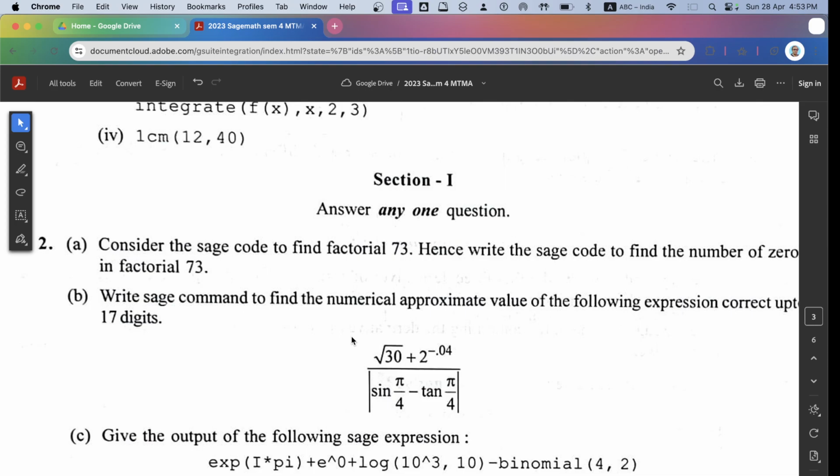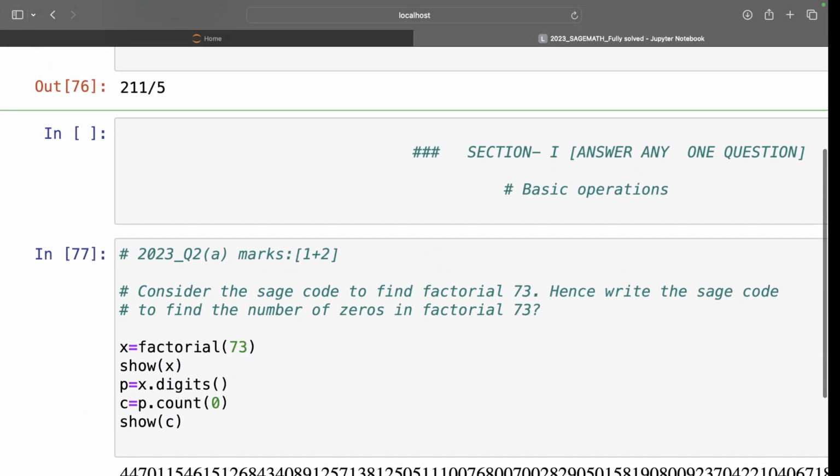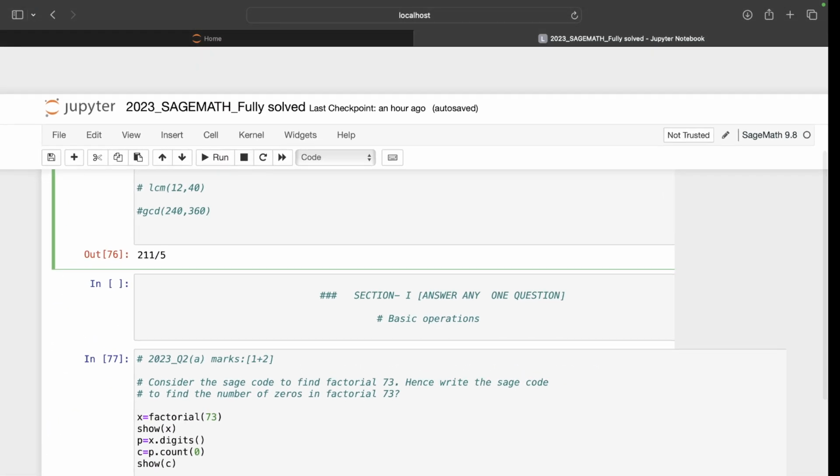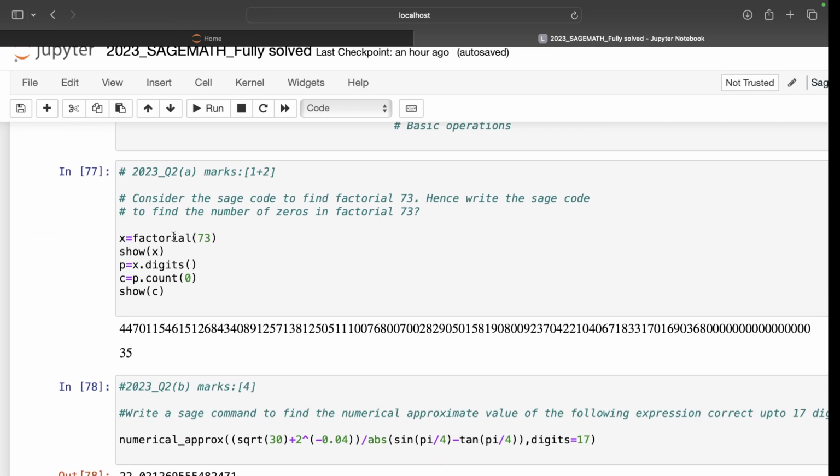Question 2a. Consider the Sage code to find the factorial 73. Hence, write the Sage code to find the number of zeros in factorial 73. X equal to factorial 73.